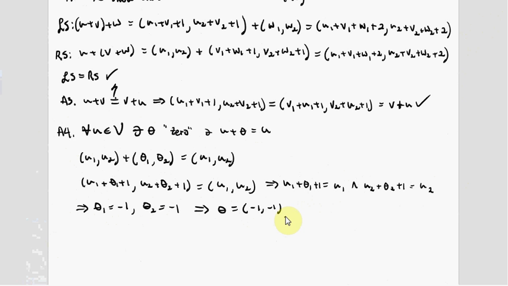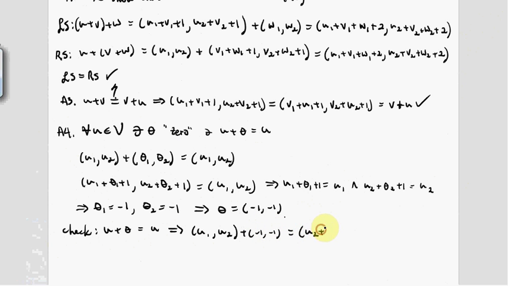So here you check it. So u plus theta, we say here, has to equal u. That is (u sub 1, u sub 2) plus (negative 1, negative 1). That's equal to (u sub 1 plus negative 1 plus 1, u sub 2 plus negative 1 plus 1).